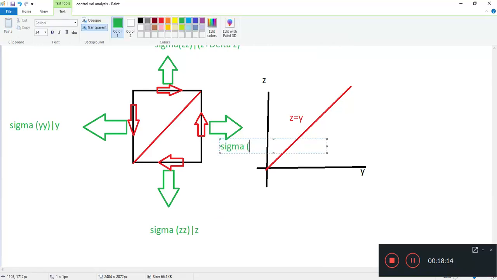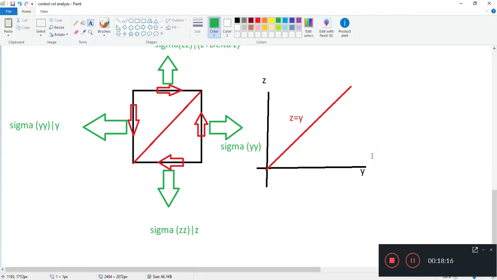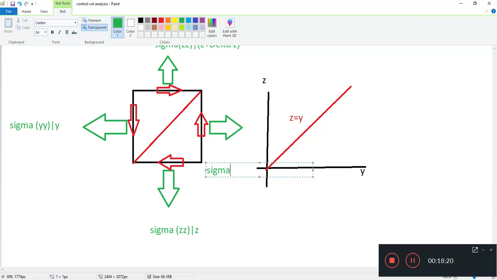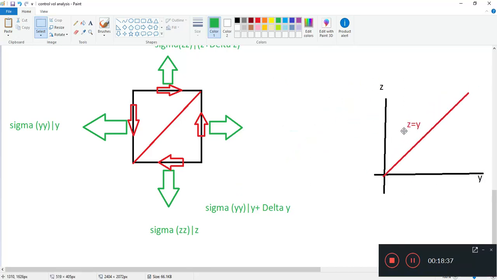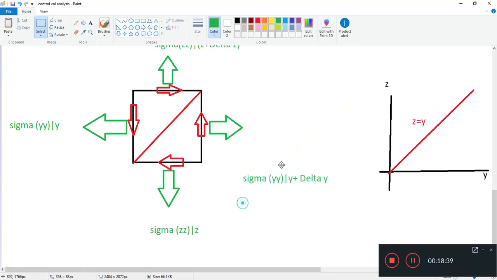Sigma yy, y plus delta y. I'm trying to move this over, maybe here. Let's shift this guy over here, and I'll bring this guy up. Problem solved.